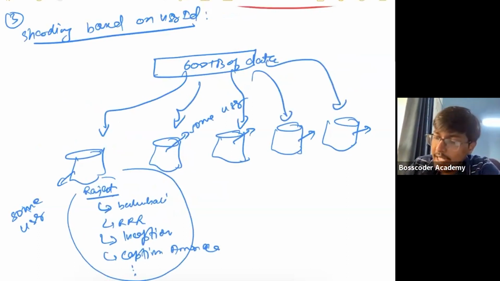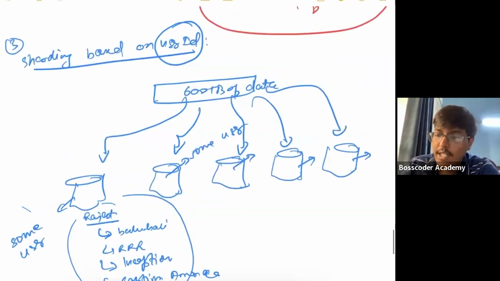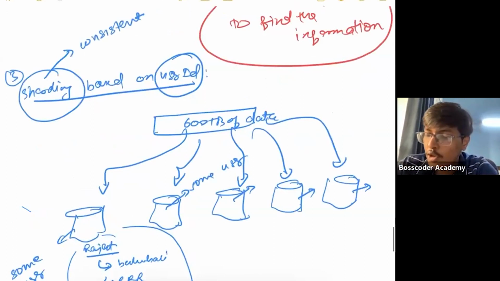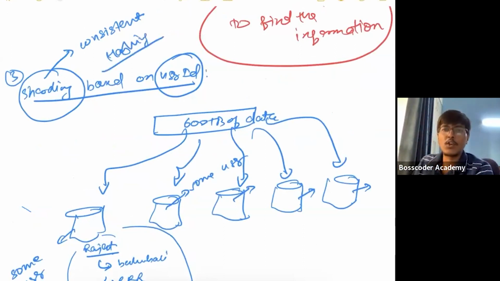We are sharding based on user ID. For sharding, an algorithm is used which is known as consistent hashing. Not sure if you have heard of it or not. If not, then please go and search about consistent hashing on Google after this. It's kind of like binary search mixed with hashing, an algorithm which uses binary search and hashing to make sharding very, very fast.